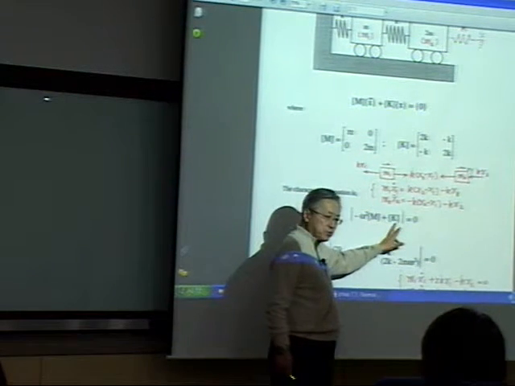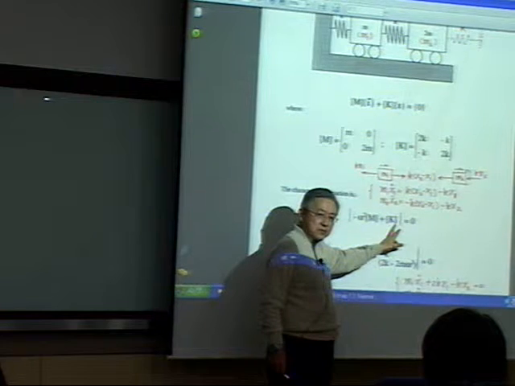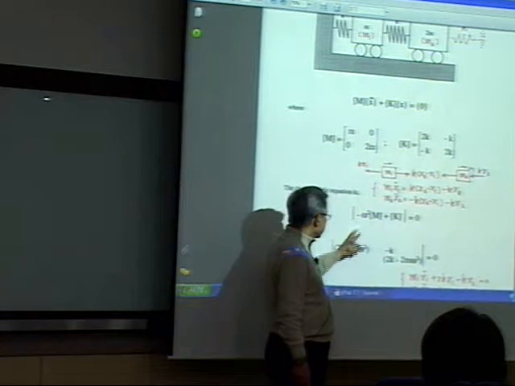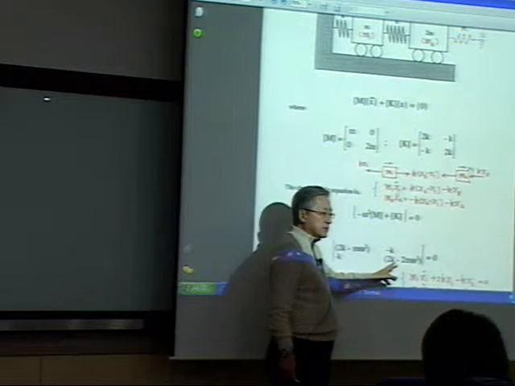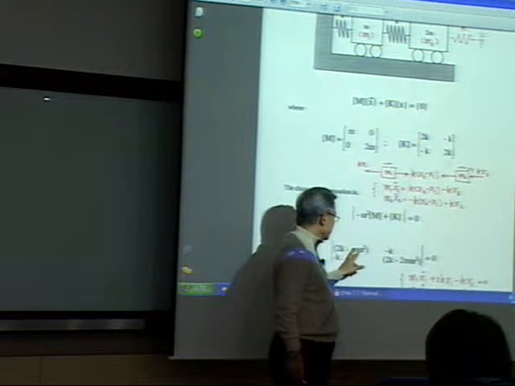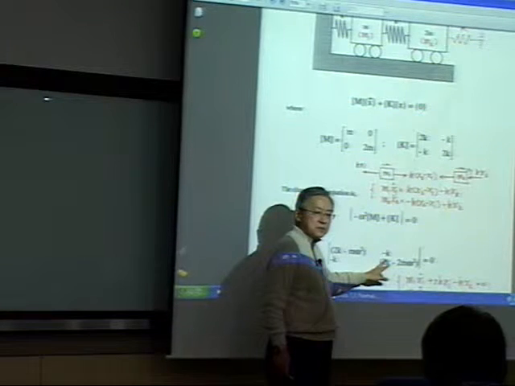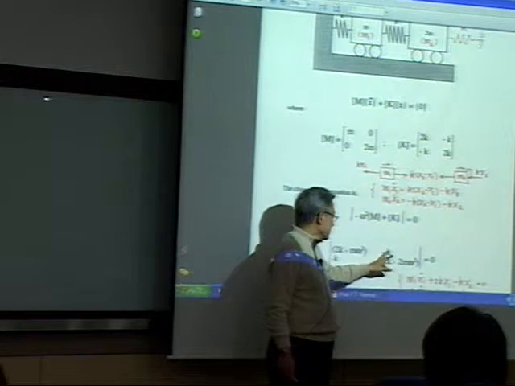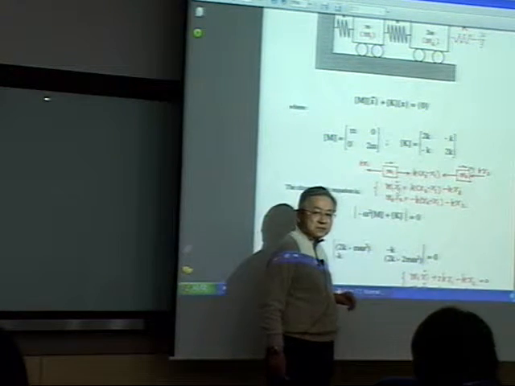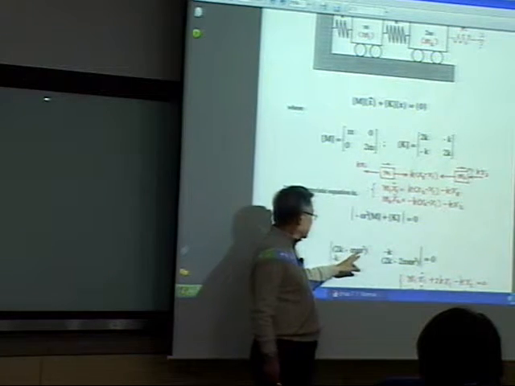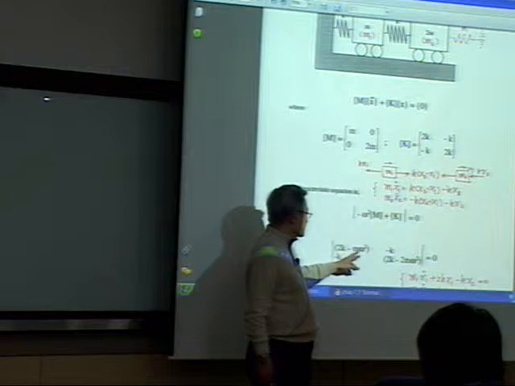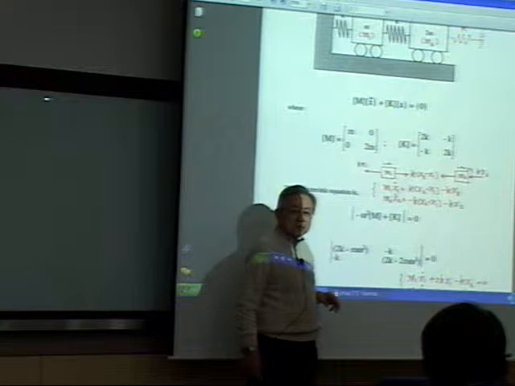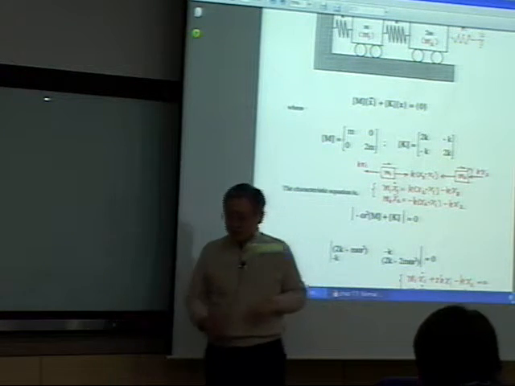Then the determinant of the 2 by 2. So you can solve, then plug in m and k here. Then you multiply these two terms. Then minus the multiplication of the two terms. So this is omega square, omega square. So this is order of omega to the fourth power, right?